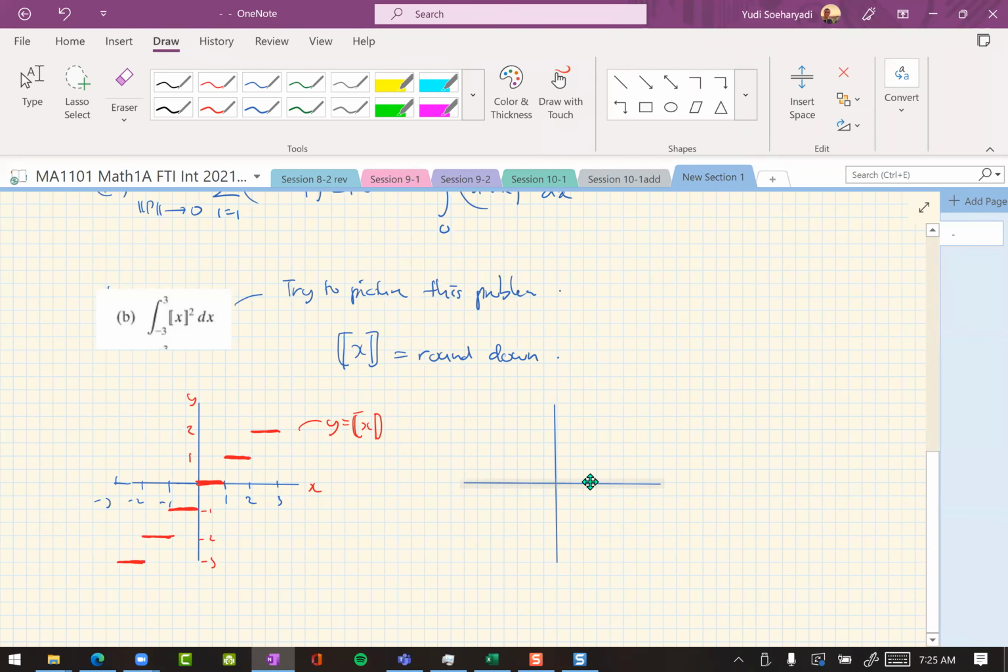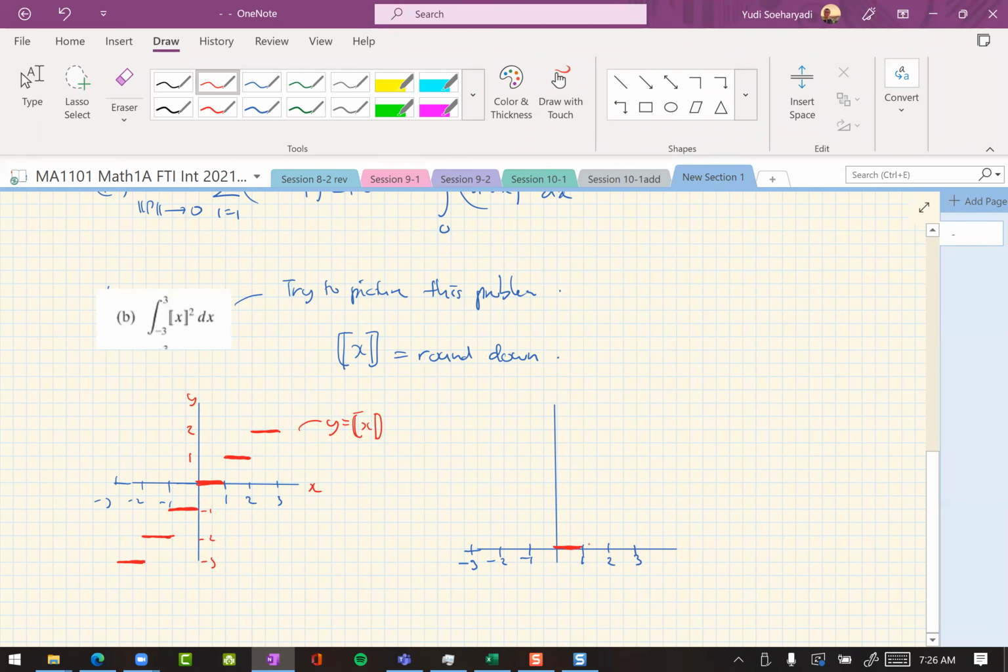Okay, I need to put this down. So this is 1, 2, 3, 1, -2, -3. Here the value is 0.